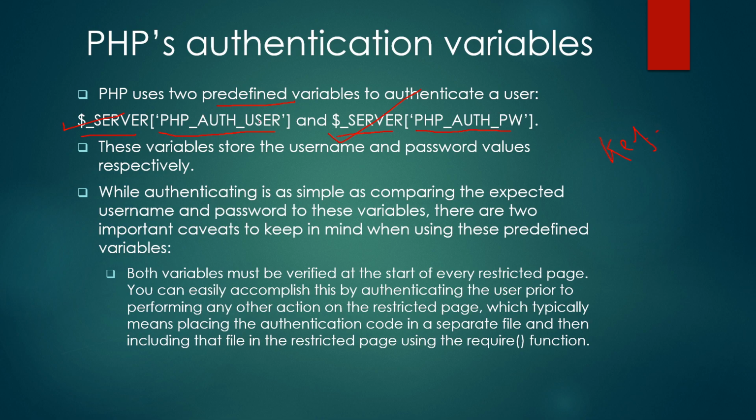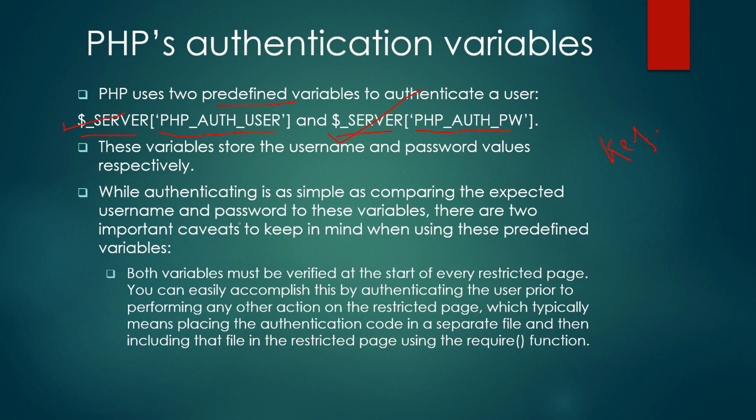So this is the key, PHP_AUTH_USER, and the value will be the value that the user has entered. Whatever the user enters will be considered as the value. So the username will be stored here and the password will be stored here. These variables store the username and password values.